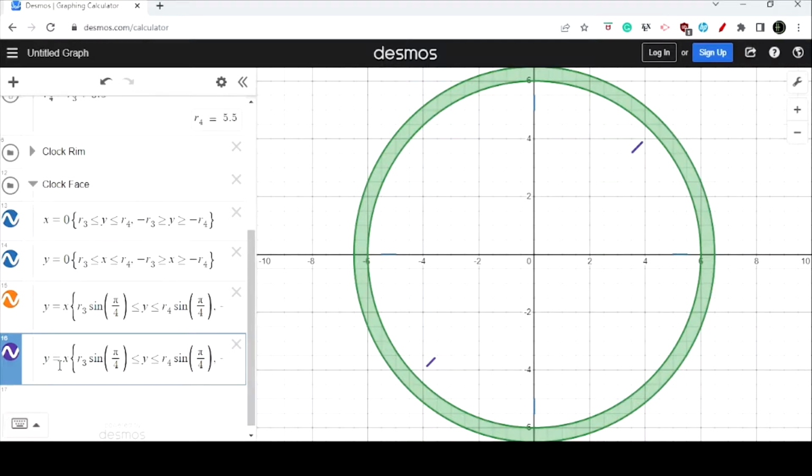First, obviously, it's going to be y equals minus x, and then we would have r3 times the sine of this less than. So this won't be pi over 4 anymore. This will instead be pi over 2 plus pi over 4, which is 3 pi over 4.